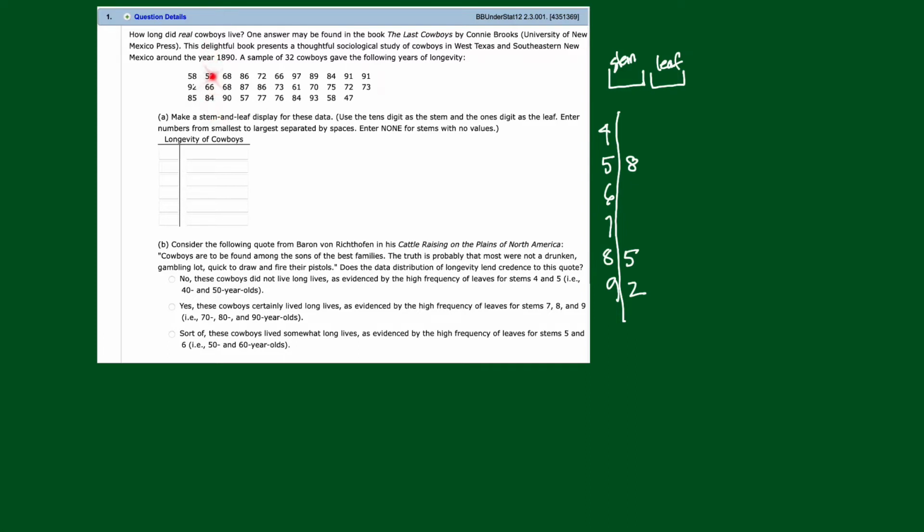So I'll move over here. I've got 52. All right, so look for the 5 column right here. Now, I've already got an 8, so put a 2 right here. 52. Then 66. All right, so I'll look for the 6th row, and a 66. So I'll put a 6 here.